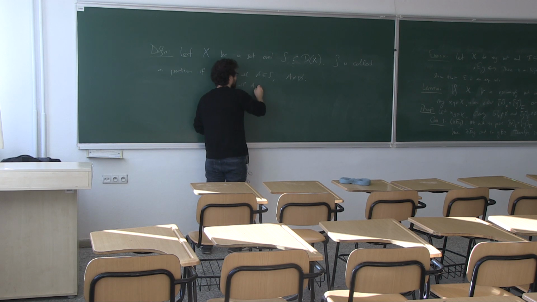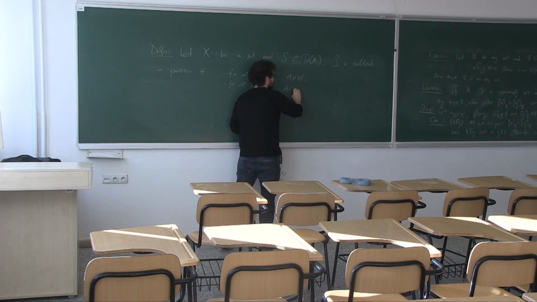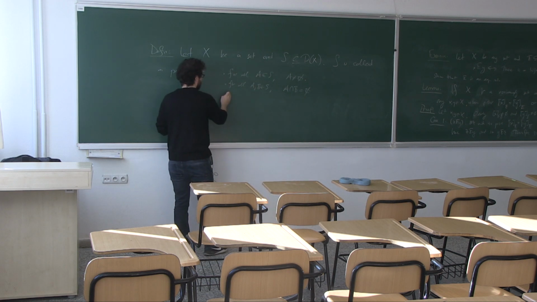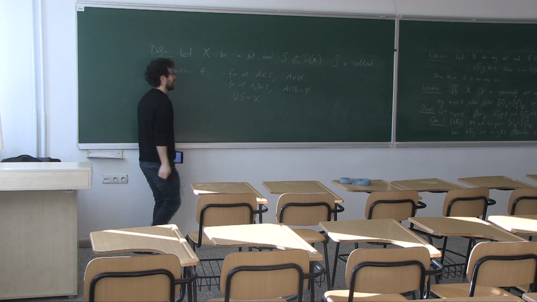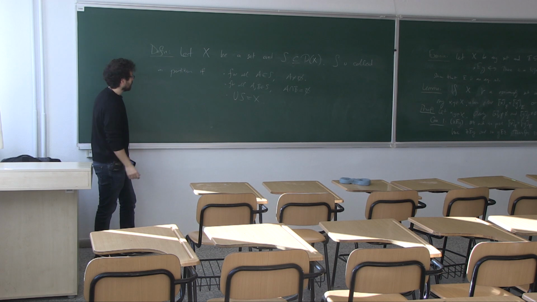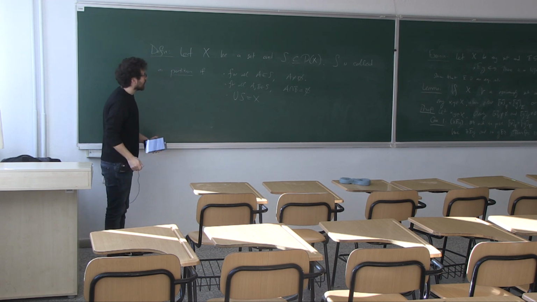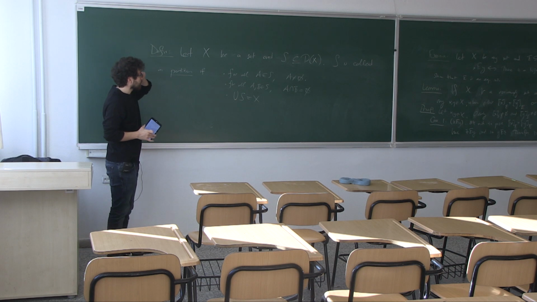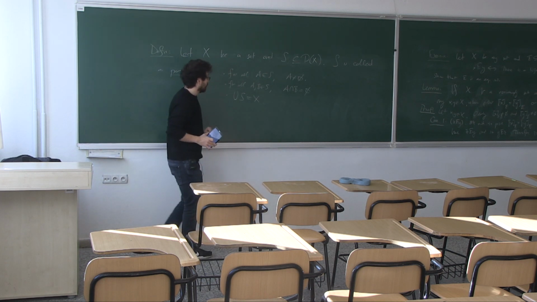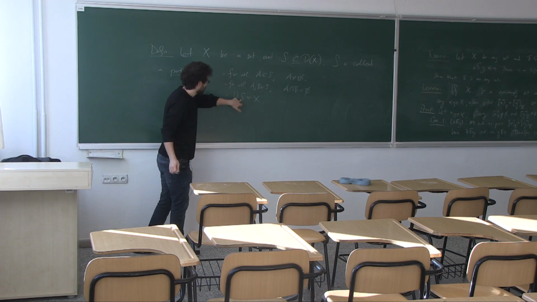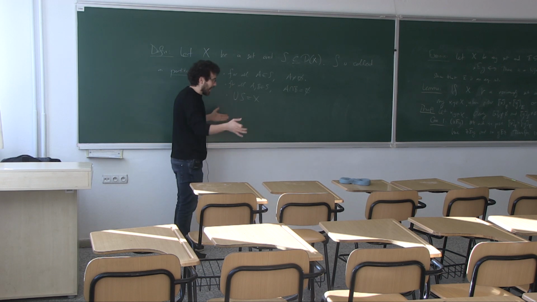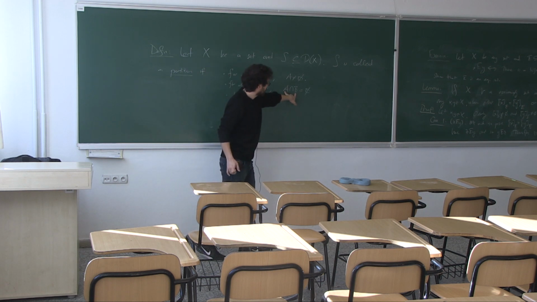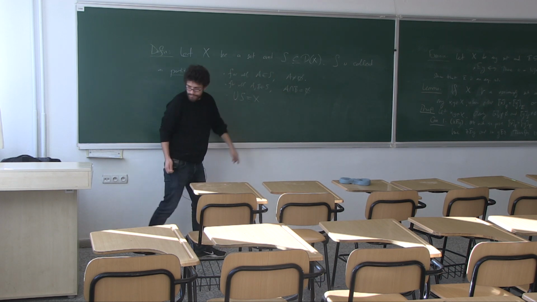The elements of S should be disjoint, and the union of S should give us X. Okay? When this is the case, you call S a partition of X. Why is it called a partition? Because it parts X. It decomposes X into parts, which are disjoint and which together give you all of X.